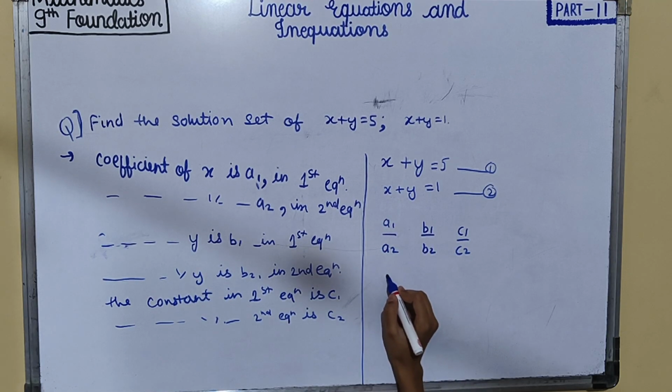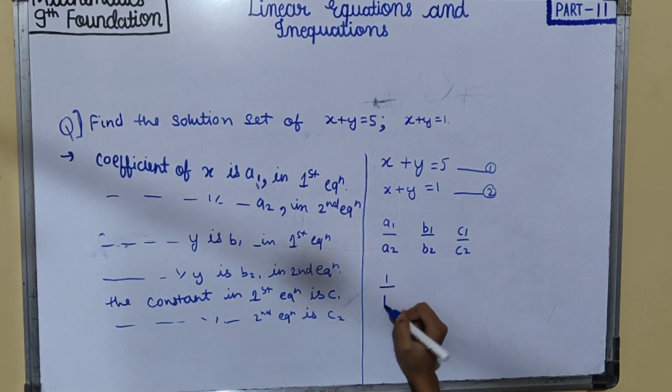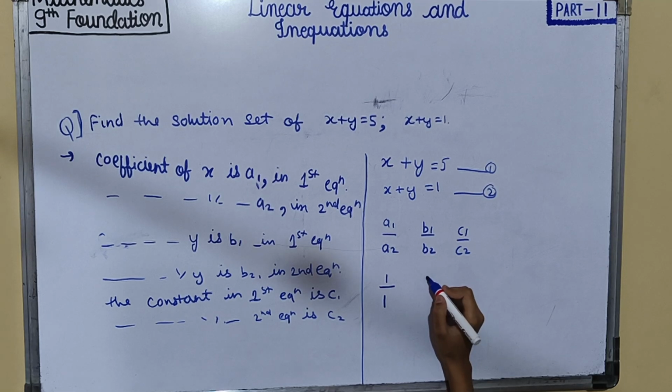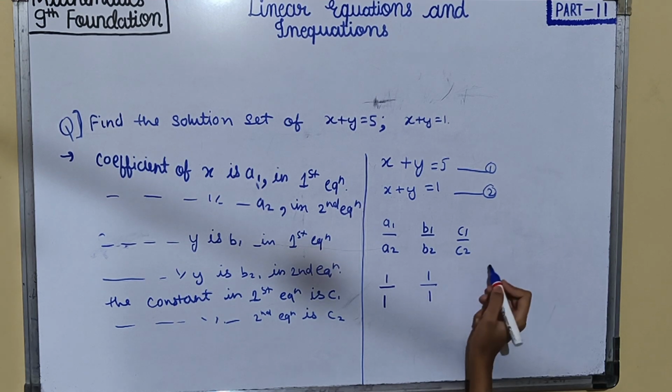The coefficient of x in the first equation is 1, and in the second equation is also 1. The coefficient of y in the first equation is 1, and in the second equation is also 1. The constant in the first equation is 5 and in the second equation is 1.